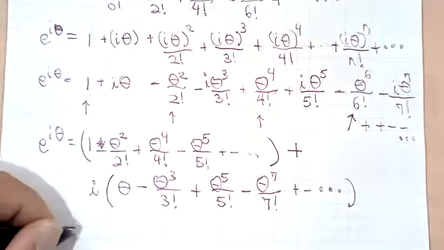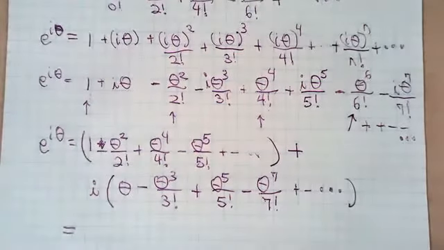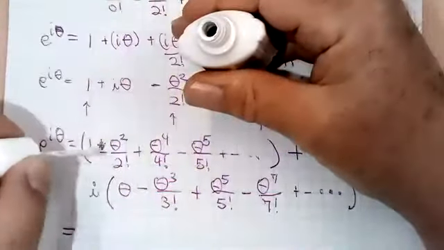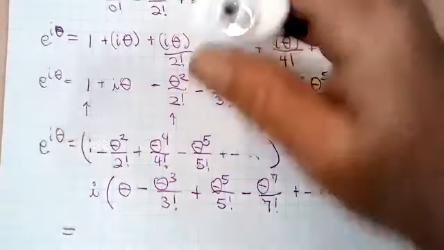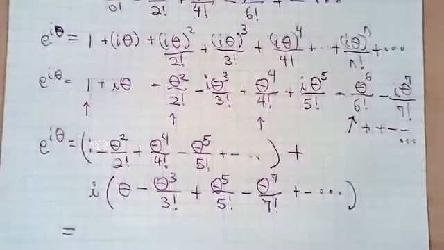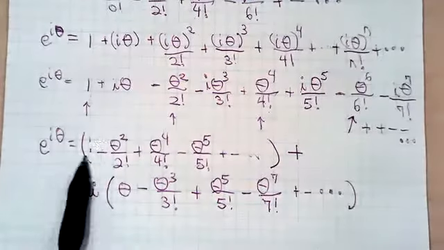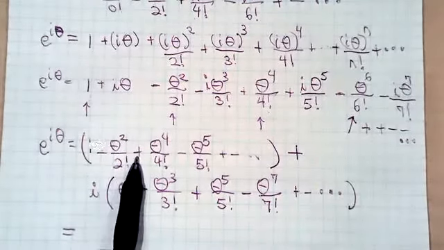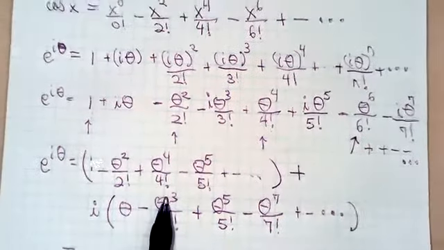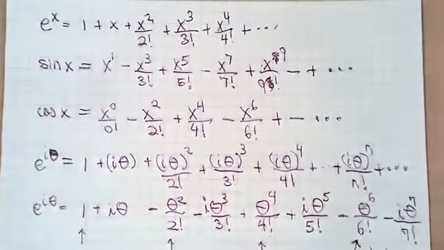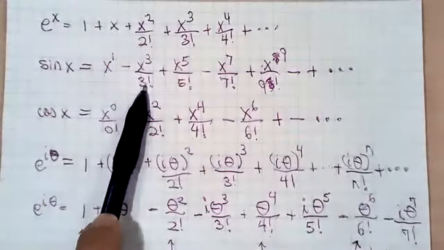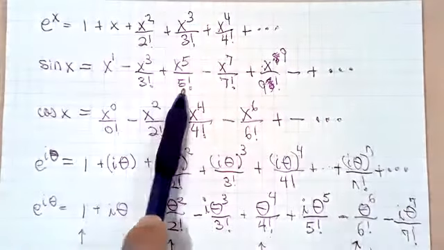However, see this? And I should work my magic here. Oh, except I obliterated the 1. 1 minus theta squared over 2 factorial plus theta to the 4th over 4 factorial. That sure looks familiar. x minus x cubed over 3 factorial plus x to the 5th over 5 factorial.